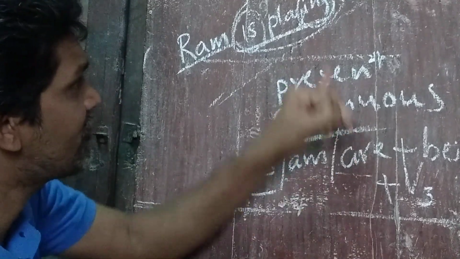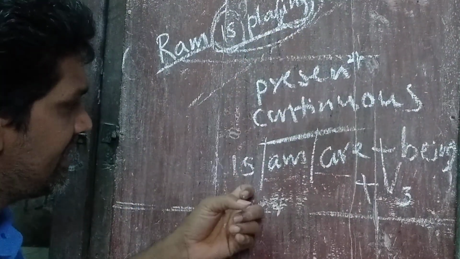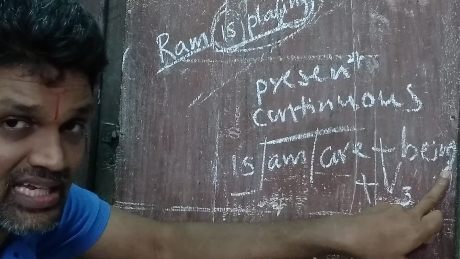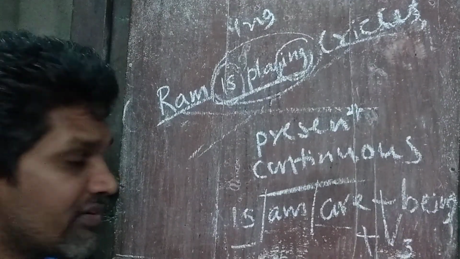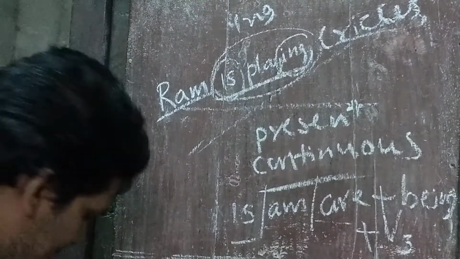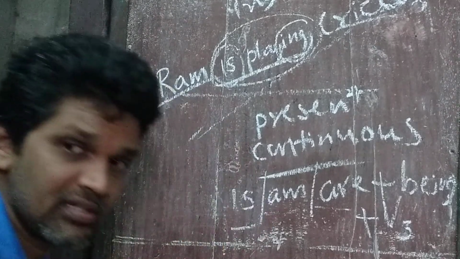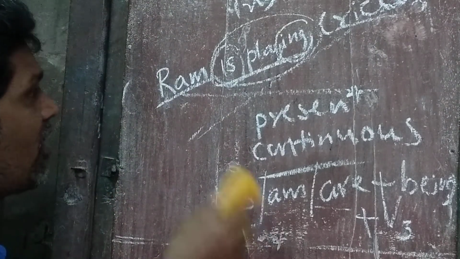So this is the formula for continuous tense. Is or am or are plus being. After being, V3 form. So let us see how to change it.